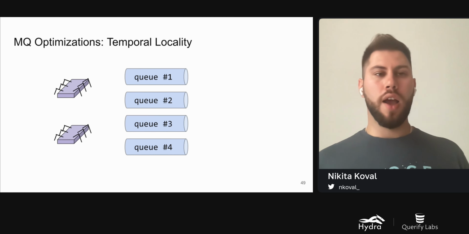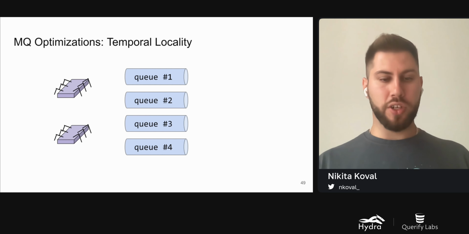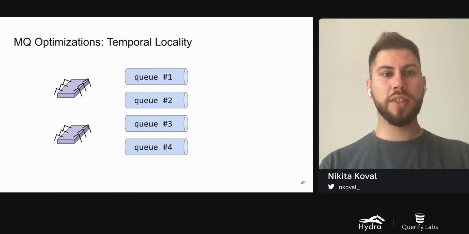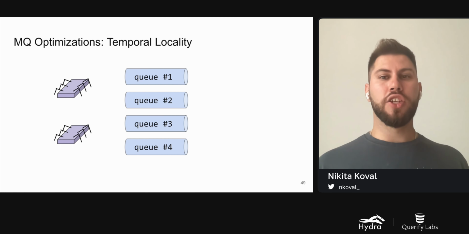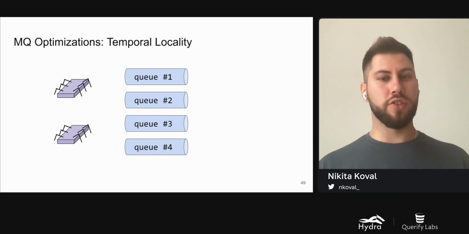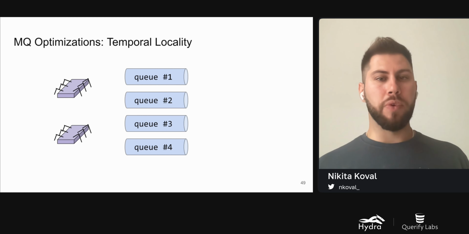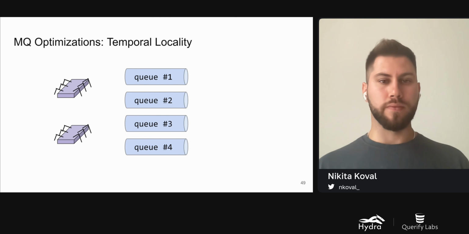Instead of losing a lot of fairness with the task batching optimization, it's possible for a thread to choose a queue and make it temporarily local for this thread, so that all insertions and deletes are performed in this queue.